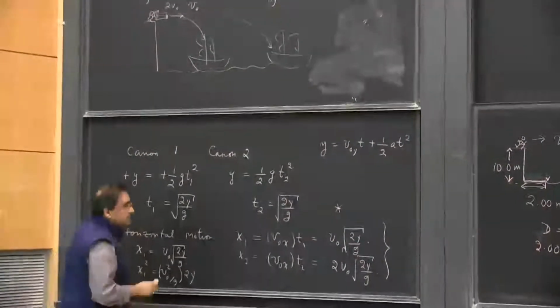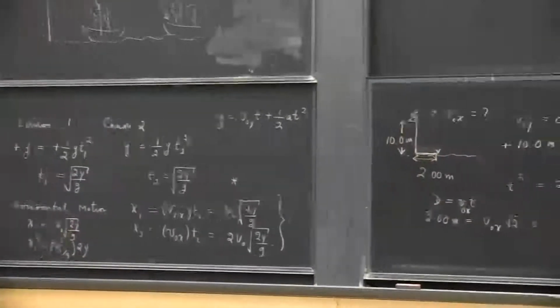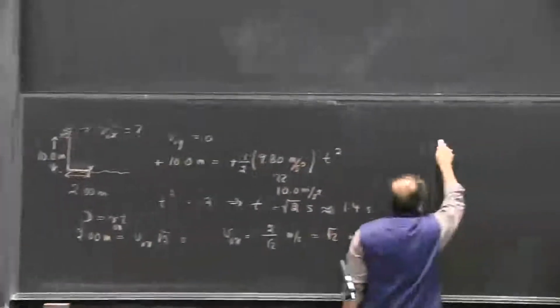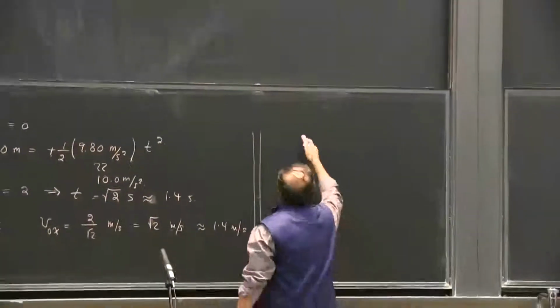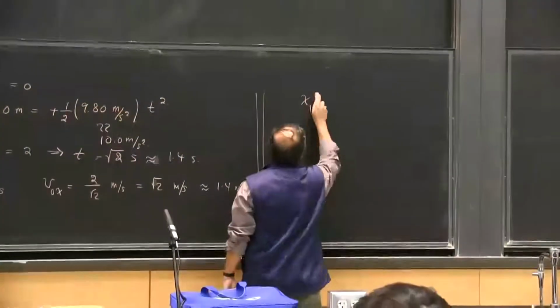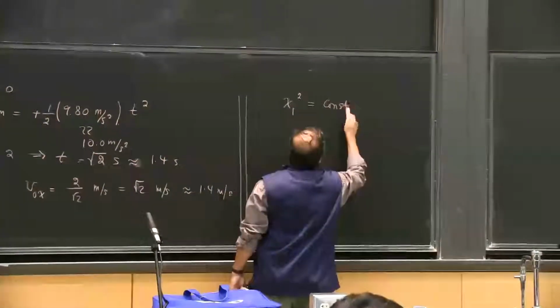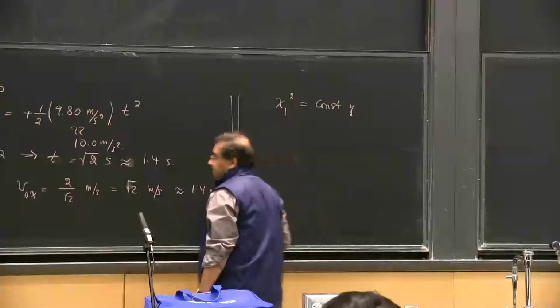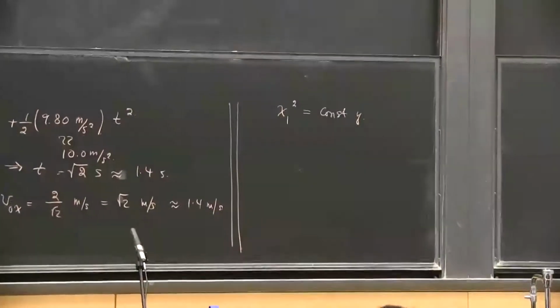In other words, I'll have an equation of the following form. So the equation that I have would be x squared, in this case let's say x1 squared, equals some constant times y. Because v0 is a constant, g is a constant, 2 is a constant.